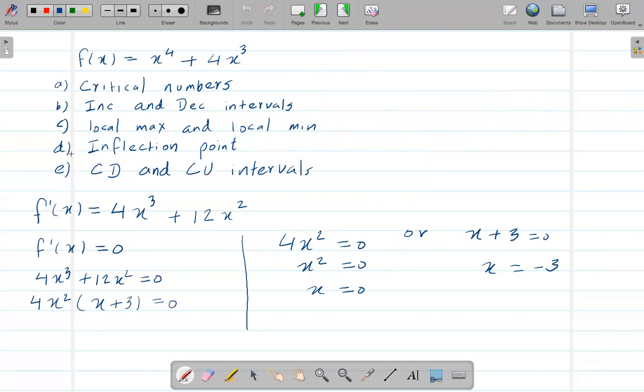Now for these things, we used f prime, right? We used the first derivative. Now for this one, we need to use the second derivative, right? So, okay, now let's find the second derivative.